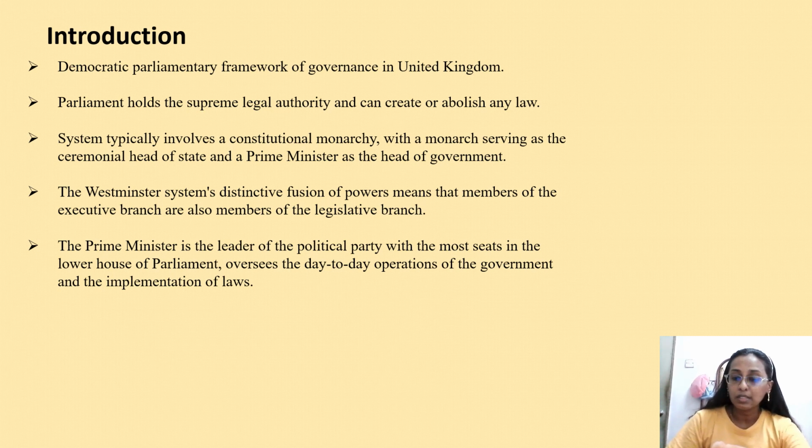The Westminster system's fusion of powers means that members of the executive branch are also members of the legislative branch. Furthermore, the first-past-the-post electoral system is often utilized, determining that the candidate with the most votes in a constituency secures a seat in the lower house.